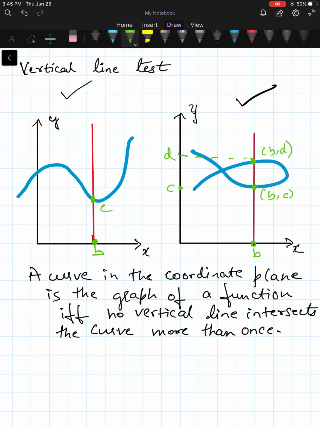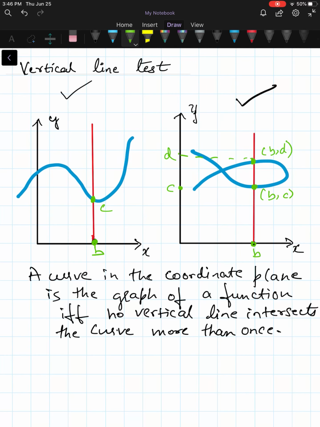Therefore this vertical line test makes sense, because it is nothing but a graphical test for the definition. You are using the definition and converting it into a pictorial, diagrammatical test to check whether a given equation or a given rule is a function or not.